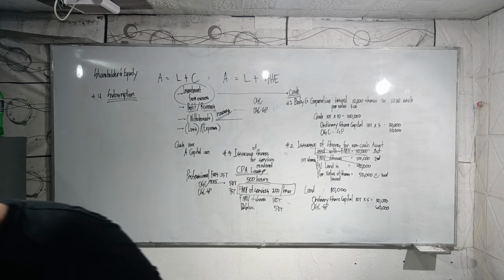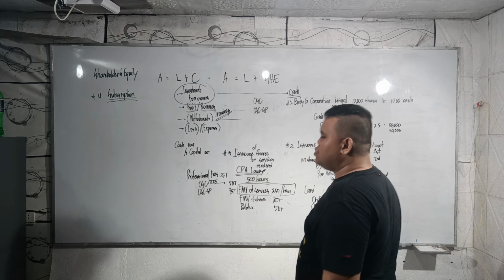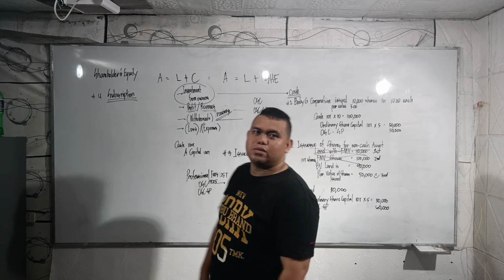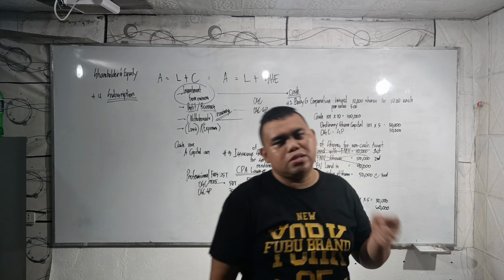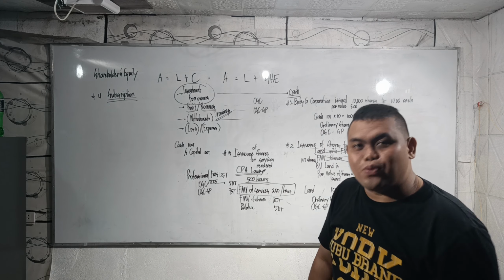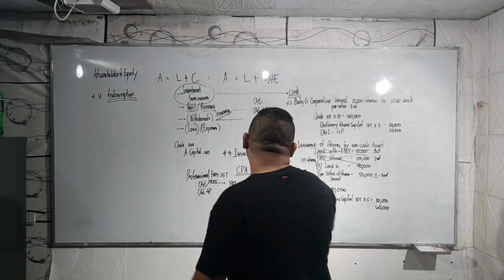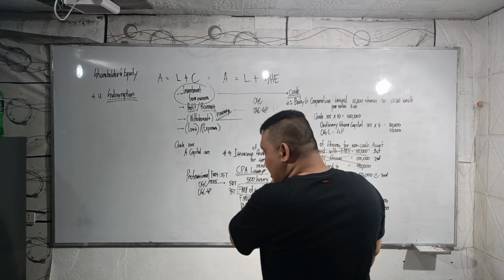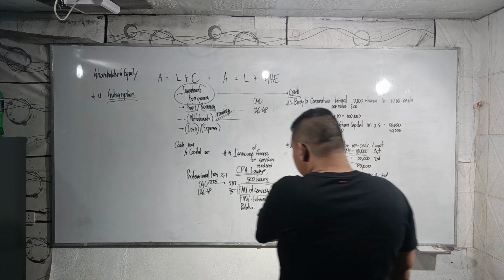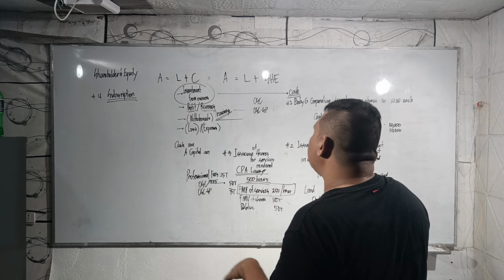He will just promise to buy shares at a certain price in the future. Okay? So that is what we call a subscription. One of the shareholders, not yet shareholders technically, promised or pledged to buy shares at a certain price. Like for example, if Mr. A said, okay, I will buy shares after 3 months, I will pay for 10,000 shares at 10 pesos.